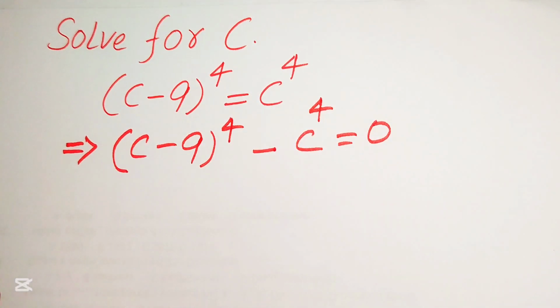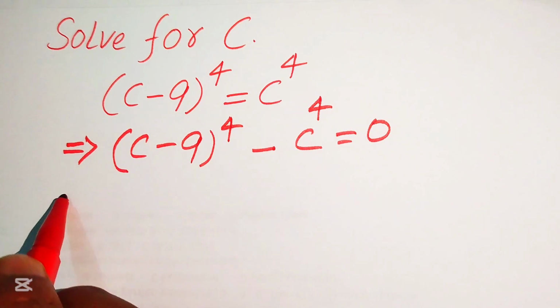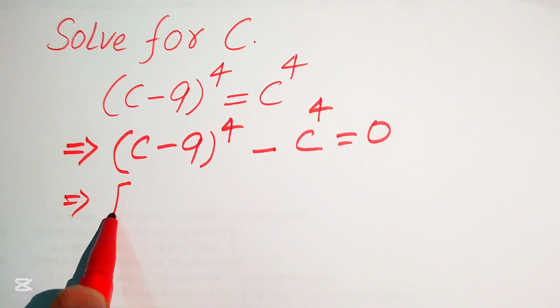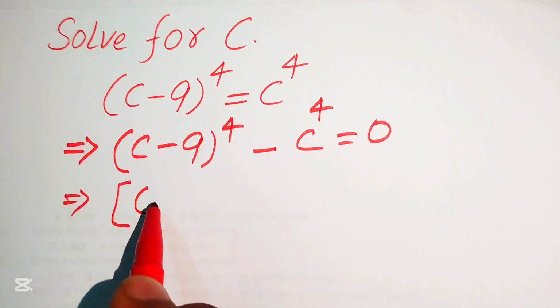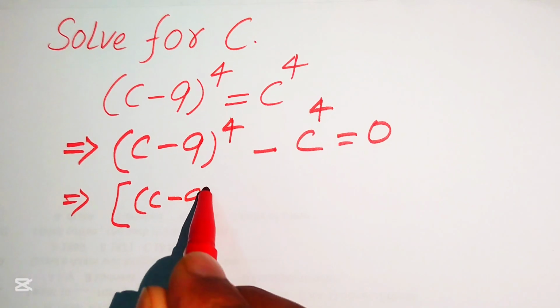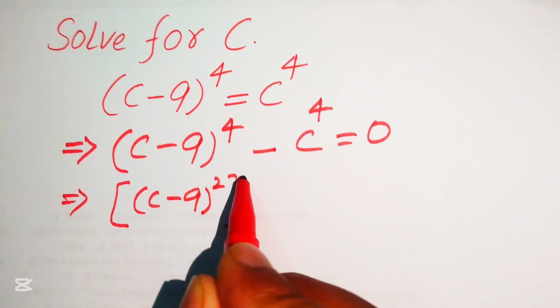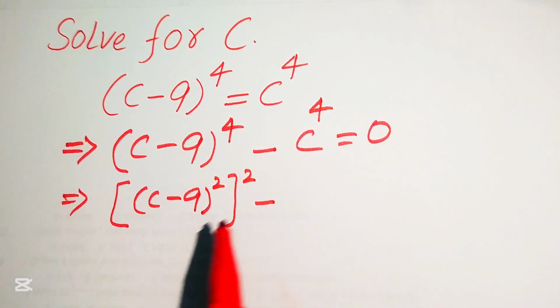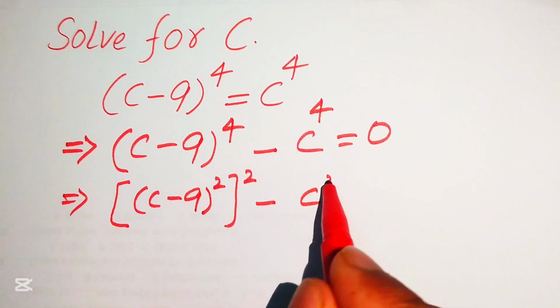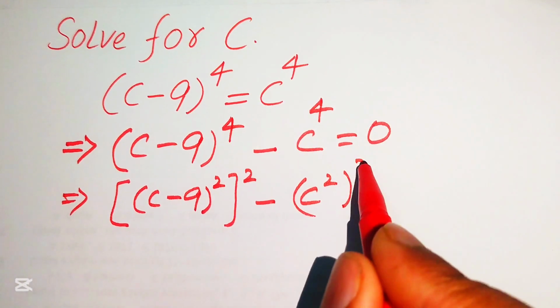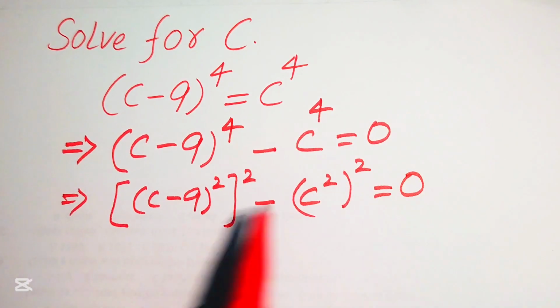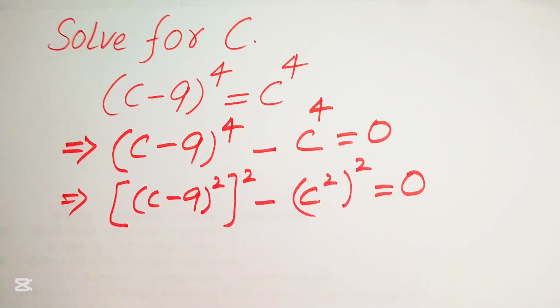After that we rewrite this equation in this form. We rewrite (c - 9)^4 as ((c - 9)^2)^2, minus we write c^4 as (c^2)^2, and this is equals to 0.